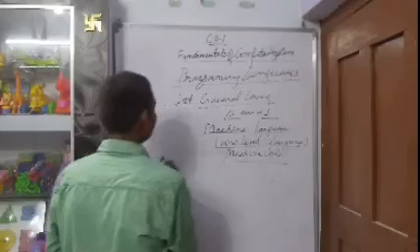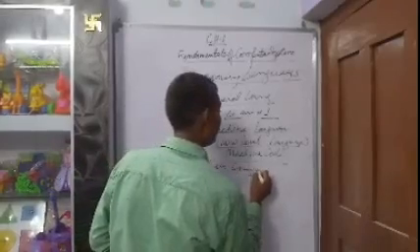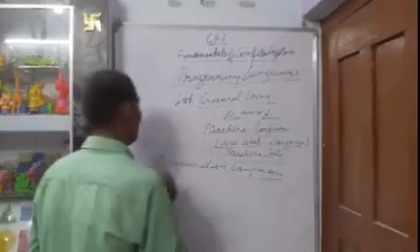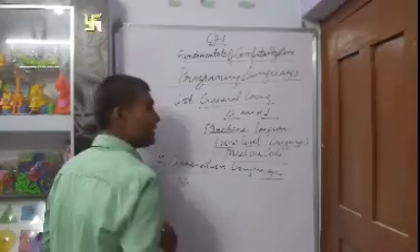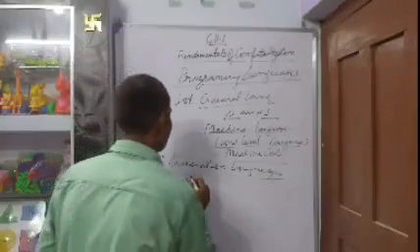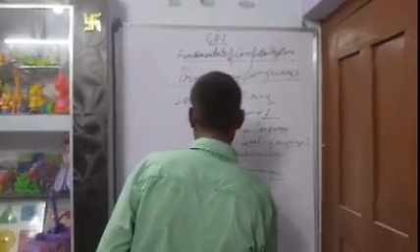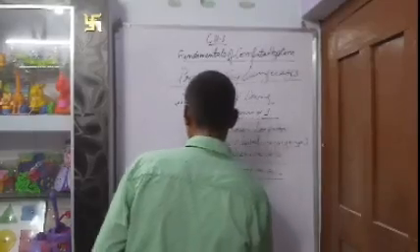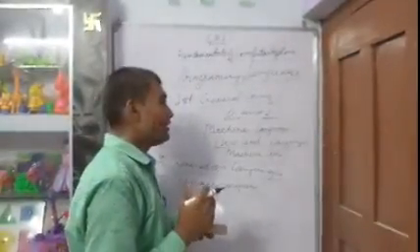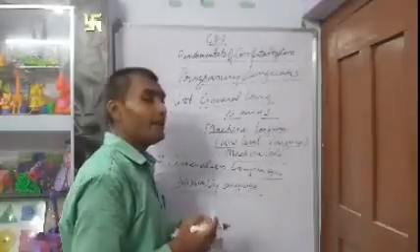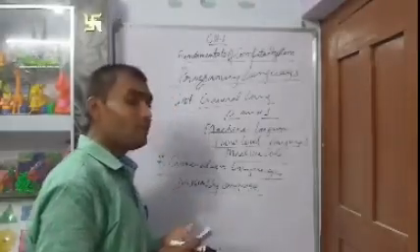Second is the second generation language. The example of second generation language is assembly language. It is higher than the low level language, that is the machine language, but it includes some symbols or letters, and mainly it is called a symbolic language.